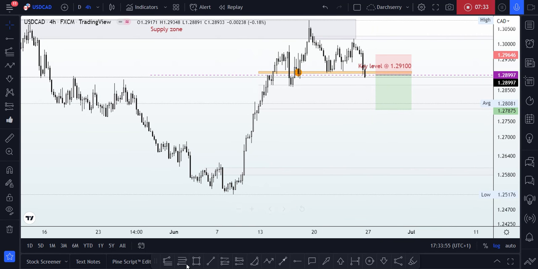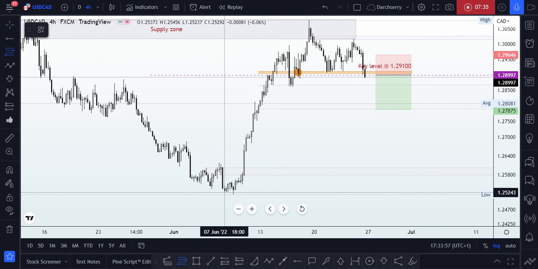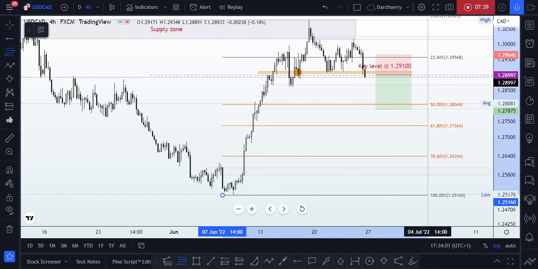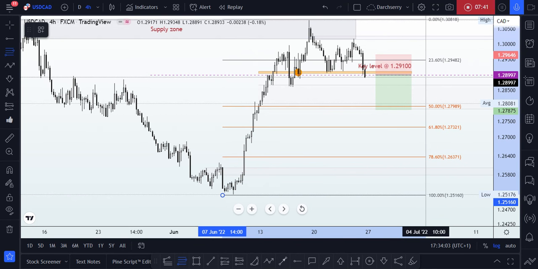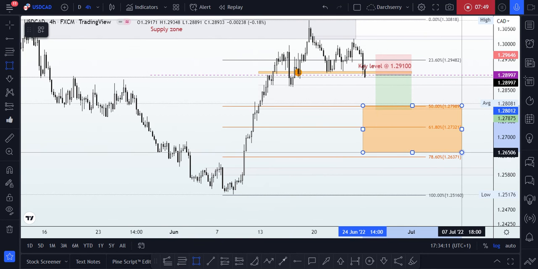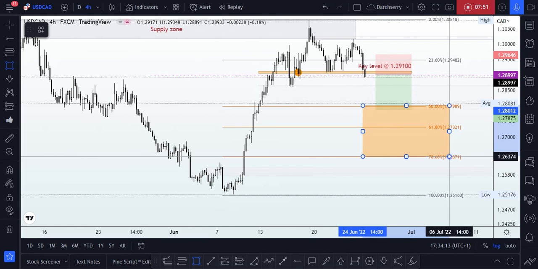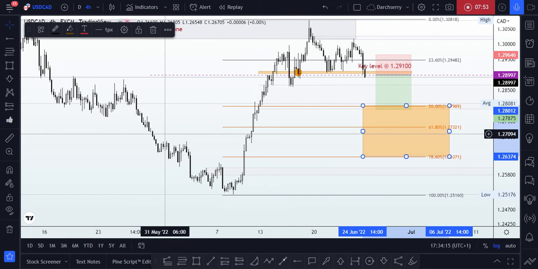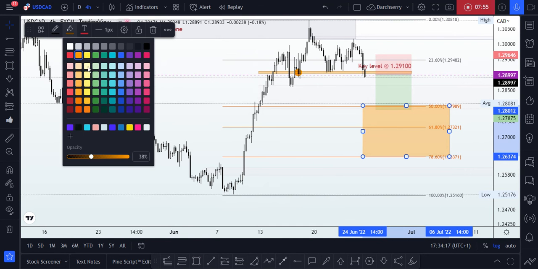Now, if we run our Fibonacci retracement tool and run it through that impulse leg here, we have a scenario where our golden zone area falls right in between the 50 and the 78.6% of the previous impulse leg. So we have somewhere around here as our take profit target, at least for the meantime.